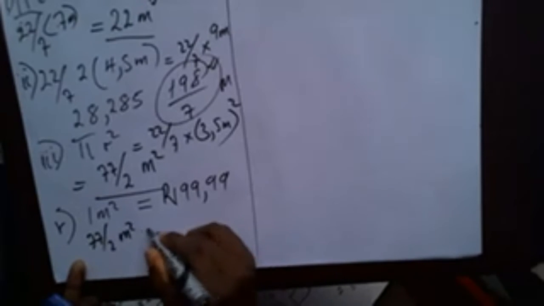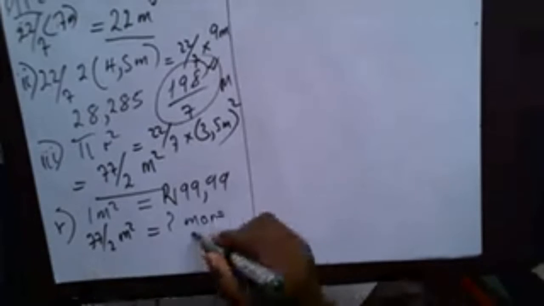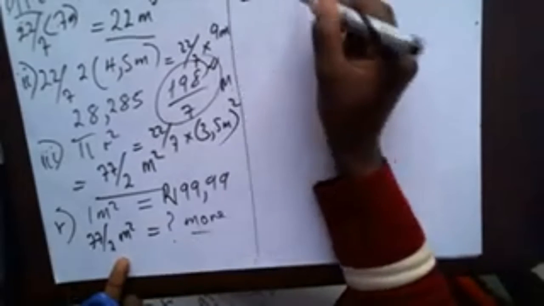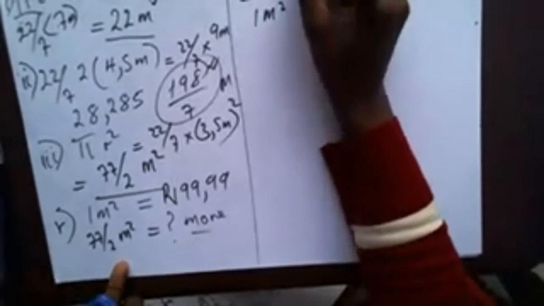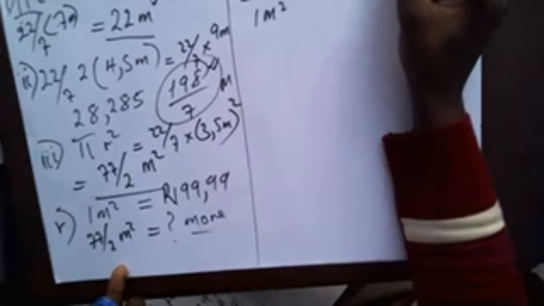Okay, so we have 77 over 2 meters. Because this is more than this, we write more here. And the rule says if it is more, we say a bigger number over a smaller number. Okay, these are meters multiplied by quantity.